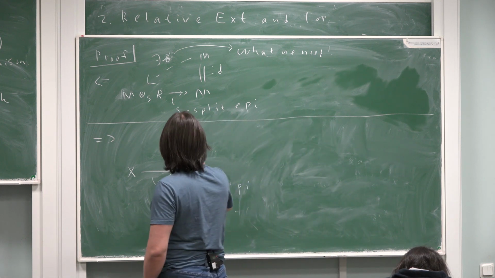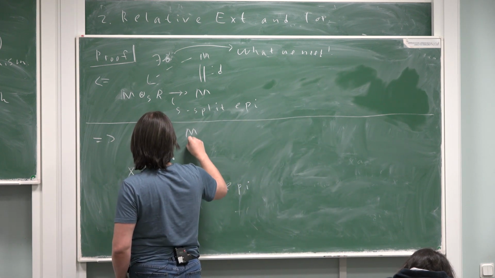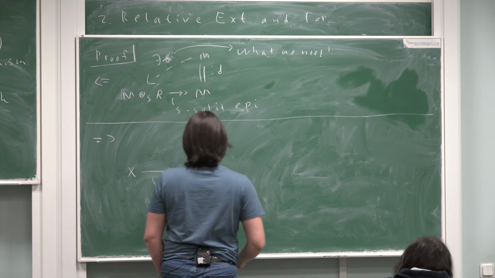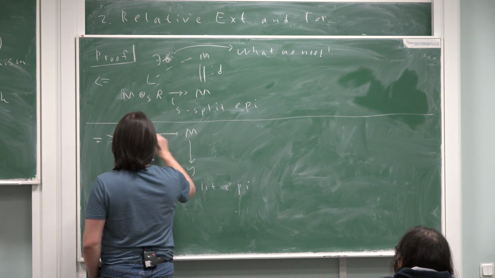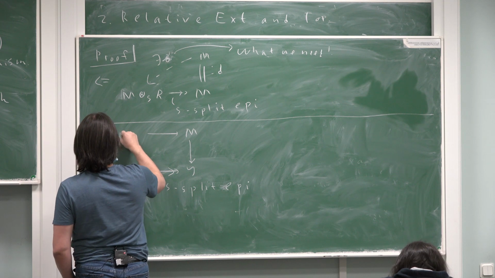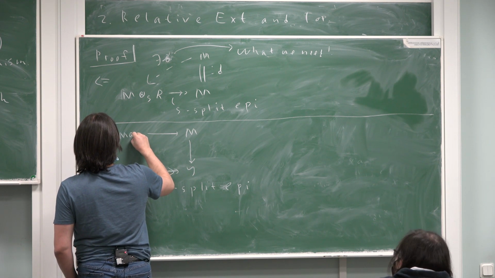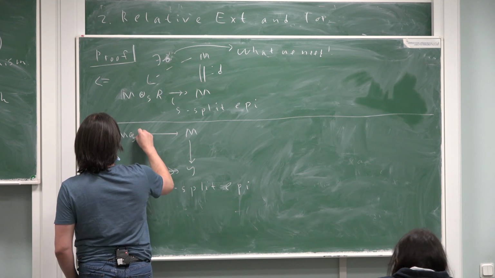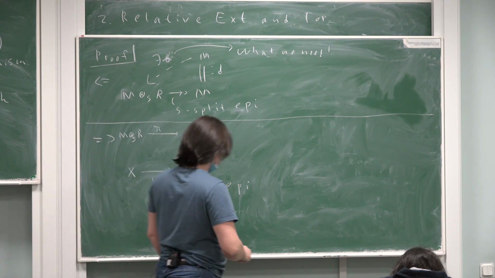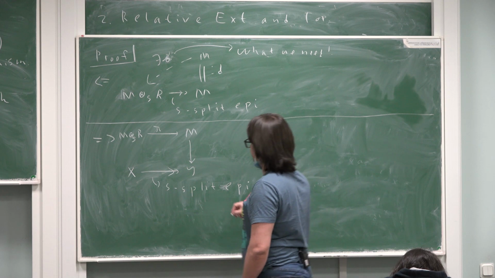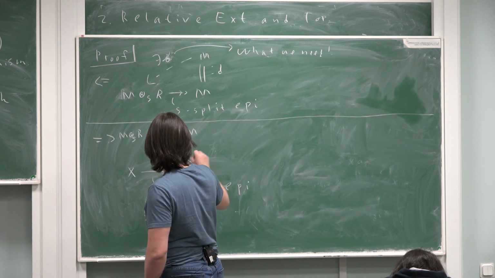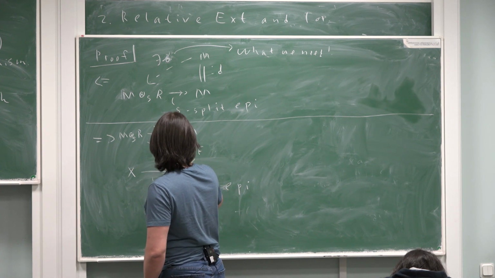Then we have M, and we have some map from M to Y, and also we have pi here. So if this guy is g, and f, here we have f pi.